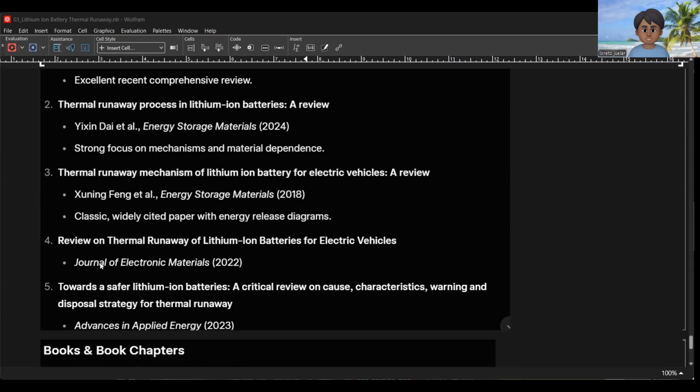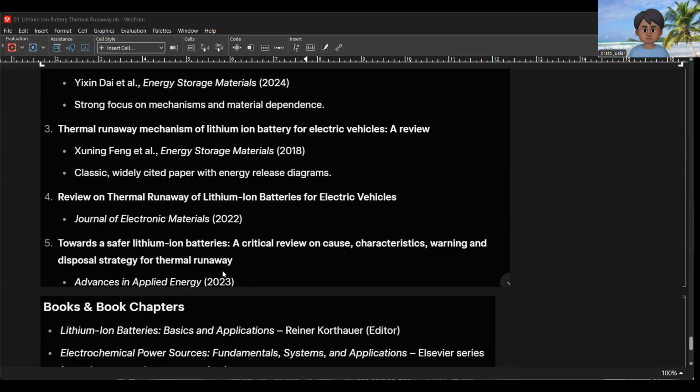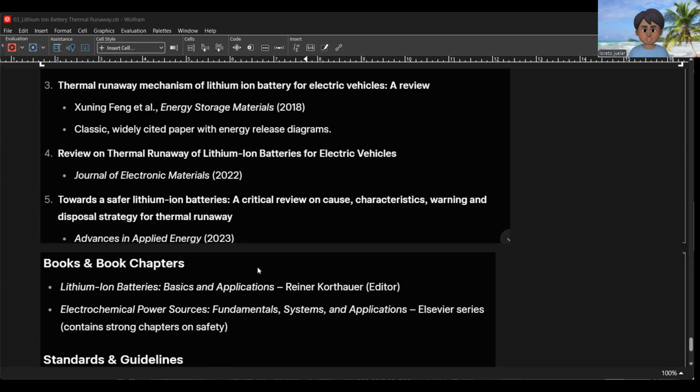Number four, a review on thermal runaway of lithium-ion batteries for electric vehicles, Journal of Energy Storage 2020. And number five, Towards Safer Lithium Batteries: A Critical Review on Cause, Characteristics, Warning, and Disposal Strategy for Thermal Runaway, which can be found in Advances in Applied Energy 2023.